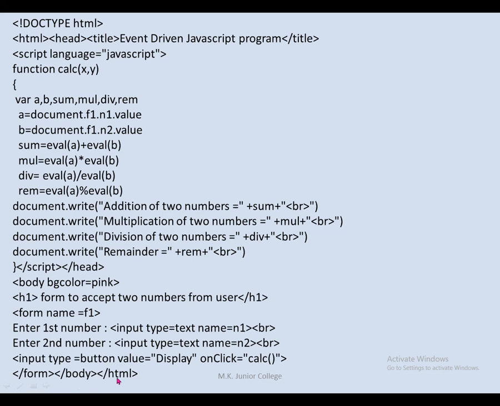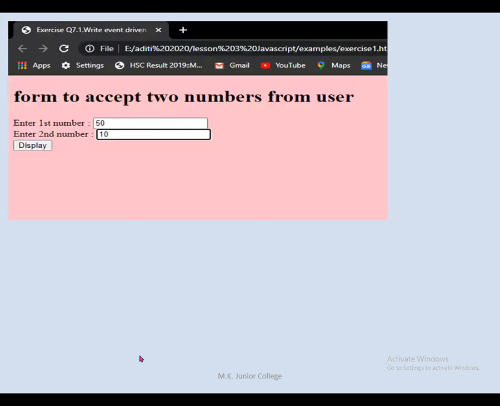This is what event driven is, which is the combination of form and function. Now let's see its output. When I save this file and open it in a browser, the first output you will get is whatever is written inside the body, and that is a form to accept two numbers.